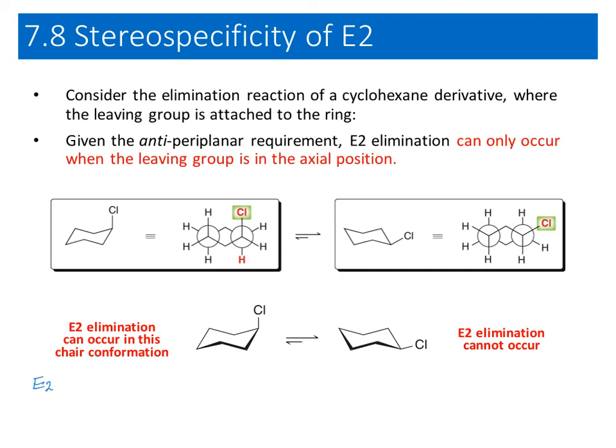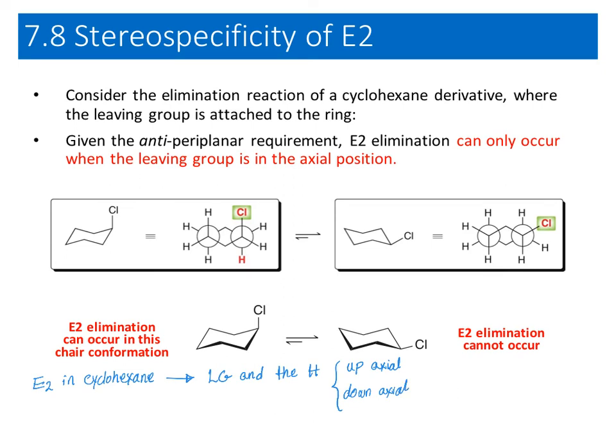So E2 in cyclohexane, to have the E2 happen, leaving group and the beta proton, one of them must be up axial and the other one must be down axial.